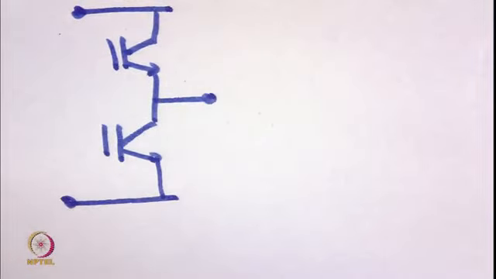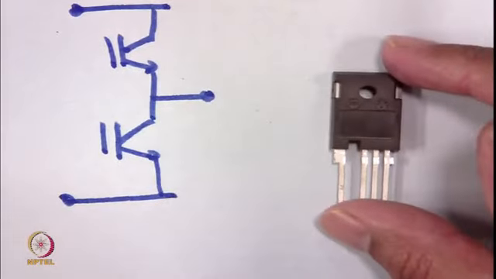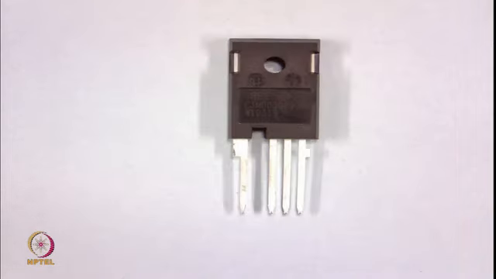Apart from this, I have brought another device. This is a silicon carbide power MOSFET. We know that power MOSFETs have 3 terminals: drain, gate and source. However, this particular device has 4 terminals.